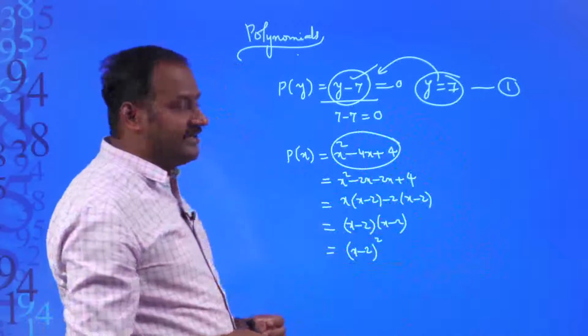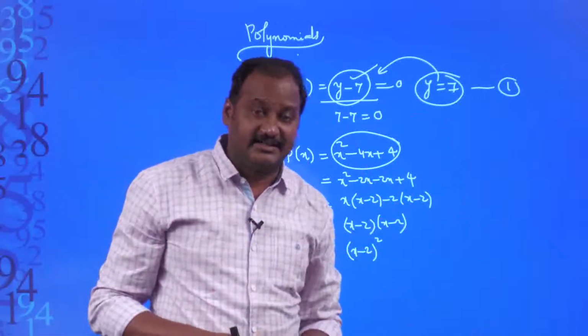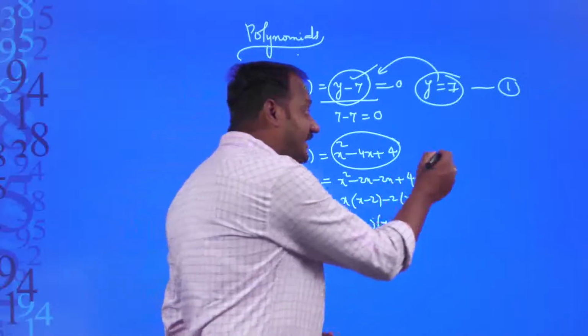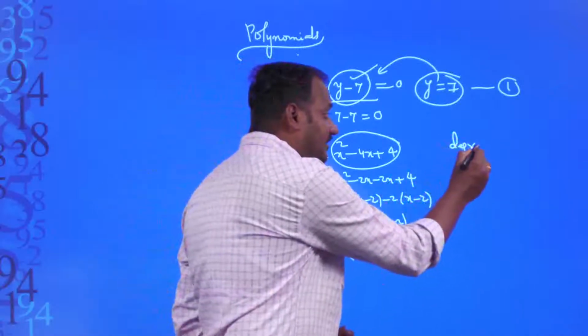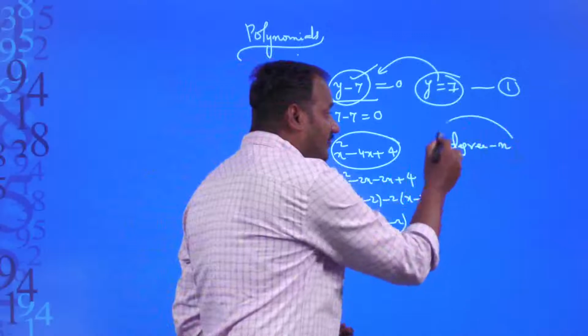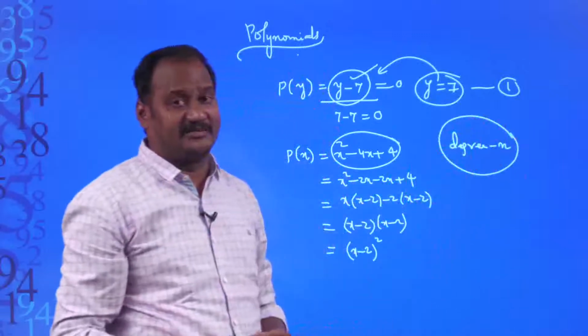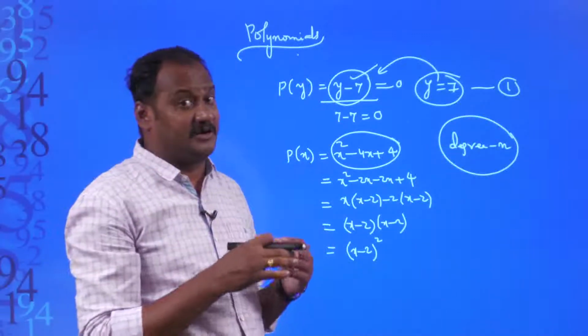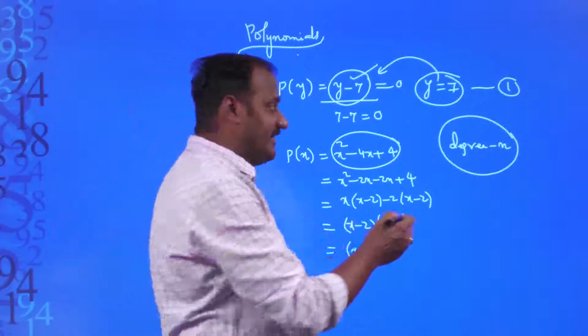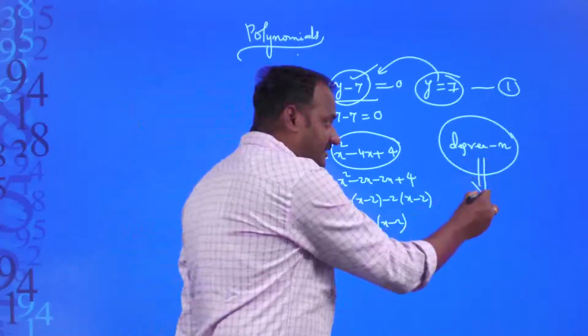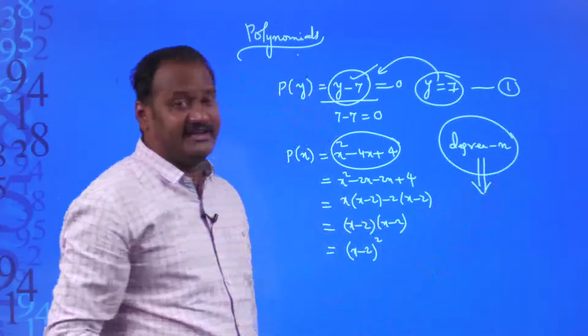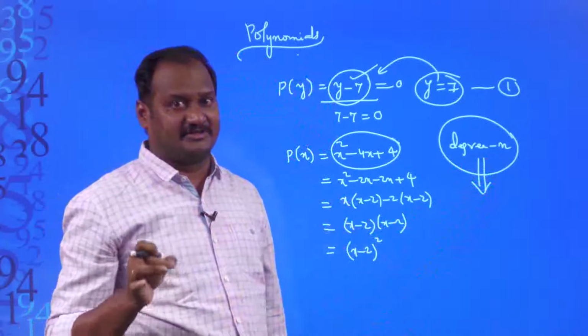That is why we can conclude here one thing, that if a polynomial is of degree n, then what is the number of zeros of the polynomial of degree n? We should not say that this polynomial of degree n has exactly n number of zeros.